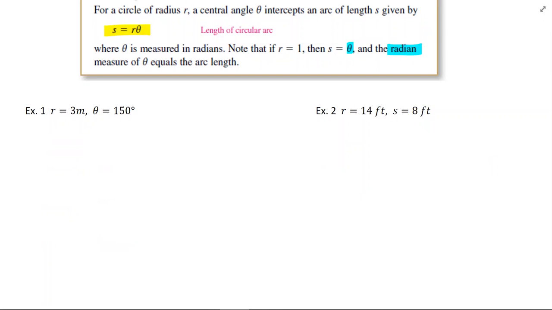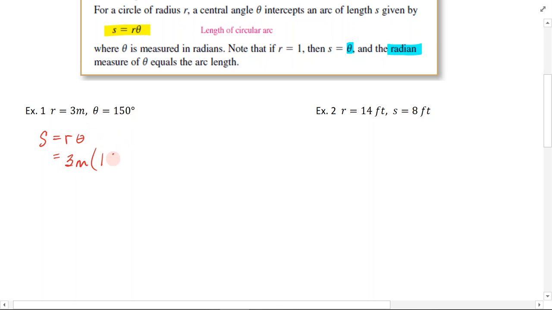The first example says that I have the radius and I have theta. Both of those are known values. It's not clear here, but I do want to know what the arc length is. So if I say S is equal to r theta, this is a pretty straightforward problem in that my radius is 3 meters.